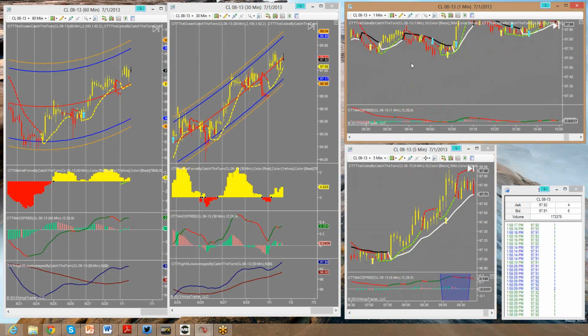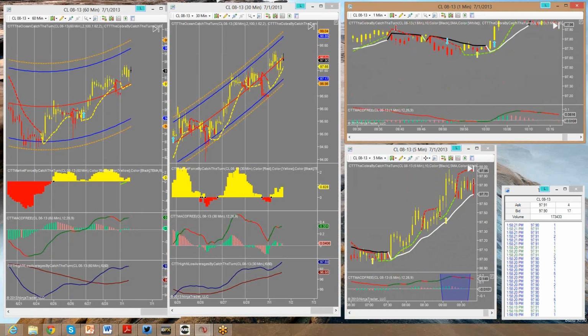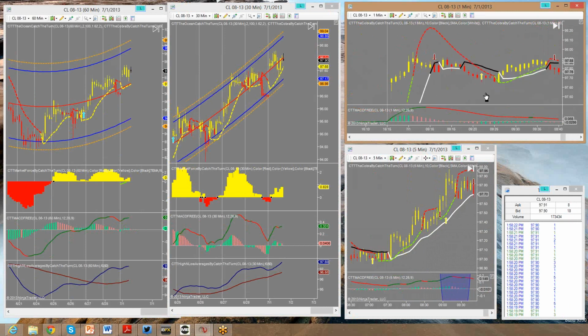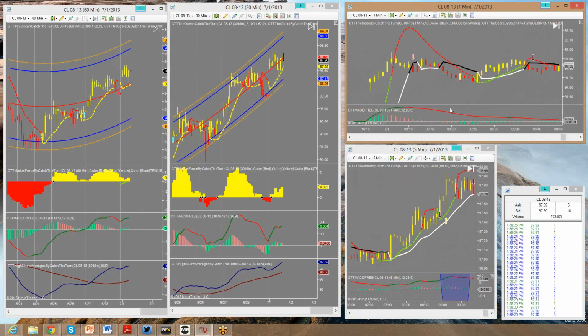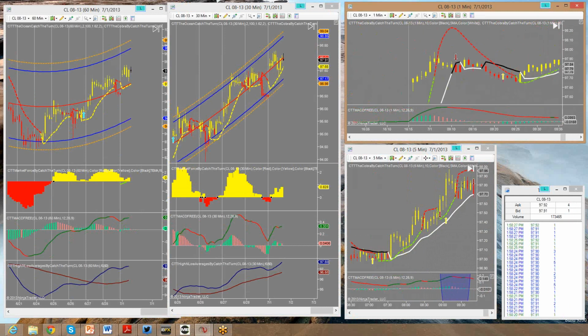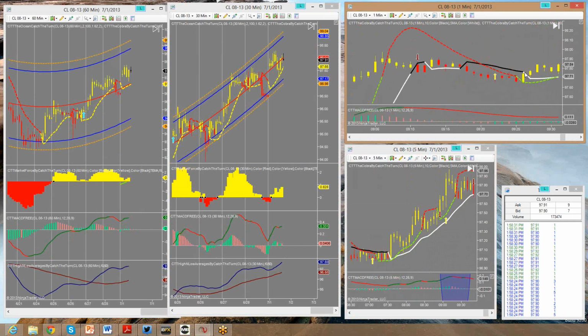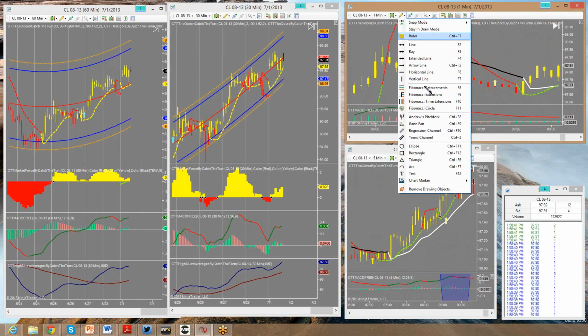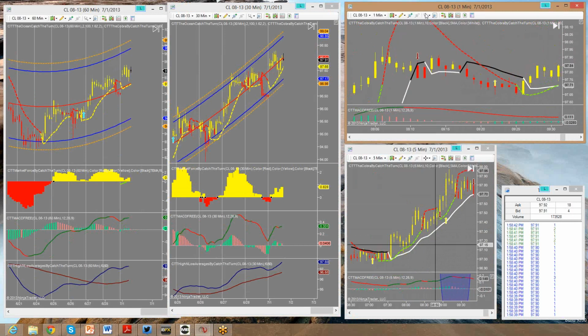Oops, let's see if we can get that. Where are we? Okay, so it's somewhere around here. At this part right here. Okay, so as you can see, you had to sit through this consolidation. But now how far was that? Let's say you got in anywhere.